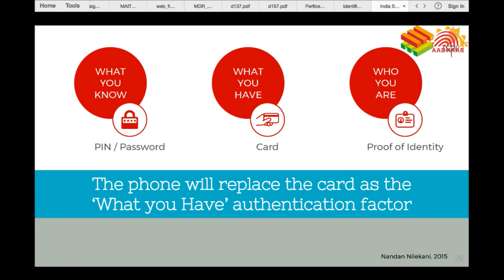As an example, if you realize in payment systems, we always work with various factors of authentication, which are either a what-you-know factor, something like a PIN or a password, a what-you-have factor, like a card, and a who-you-are factor, some kind of identity proof.